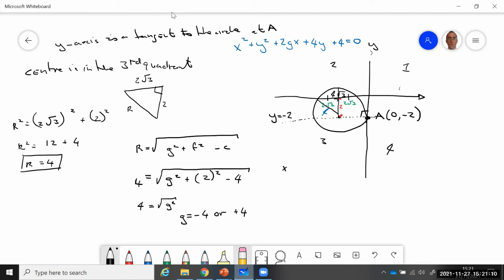So the x coordinate of all points in the third quadrant is 0. Okay, and we know that, sorry, it's not 0, it's negative. Sorry.